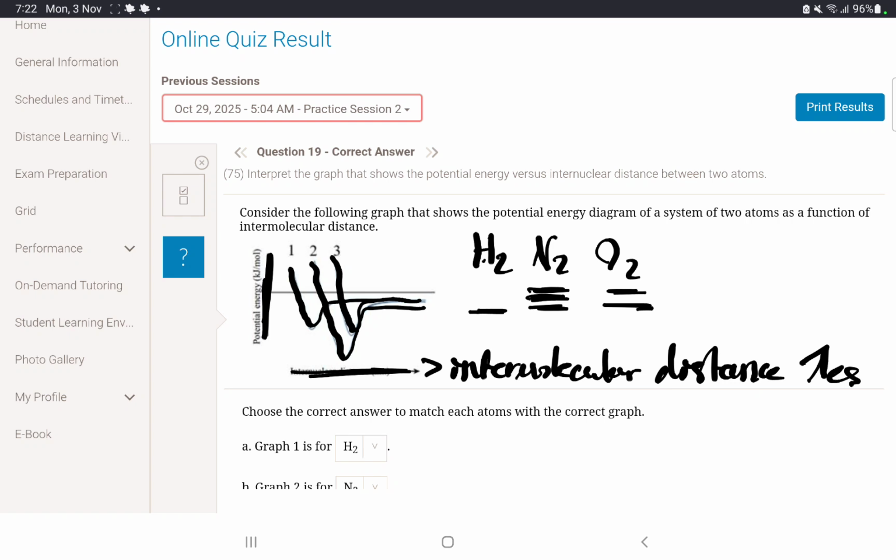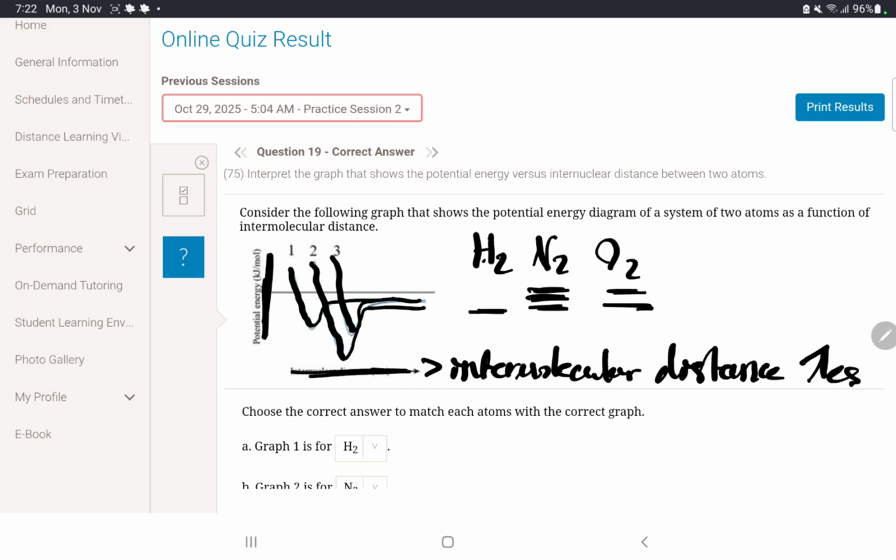H is so small, it has one valence electron, it has one electron, which is why it's the smallest one here, which is why it's the first one with the lowest bond dissociation energy.